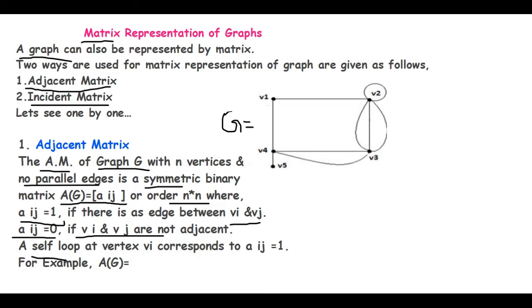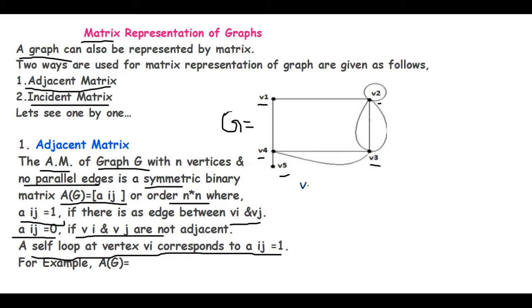So a self loop at V of i corresponds to A of ij equal to 1, which means here we have to remember that V2 is having a self loop. So this V2 is considered as a 1 as it has a self loop. So let's see how we can represent it. We have 5 vertices here, that is V1, V2, V3, V4 and V5. So I'll be taking a different color.